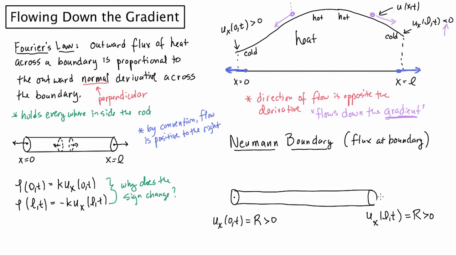See, this is where you've got to be careful. So the flow here is opposite of the derivative. So the derivative is positive, so the flow is negative. Here, the derivative is positive, so the flow is negative. So this is how you would define negative flow.